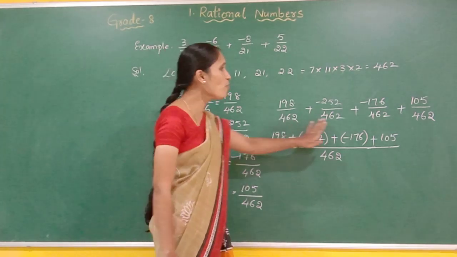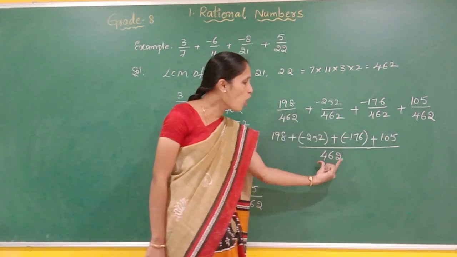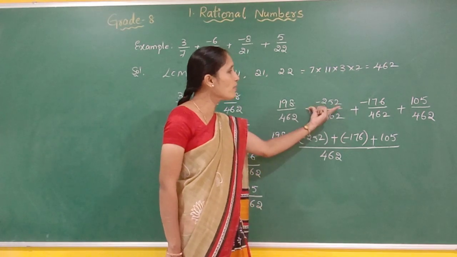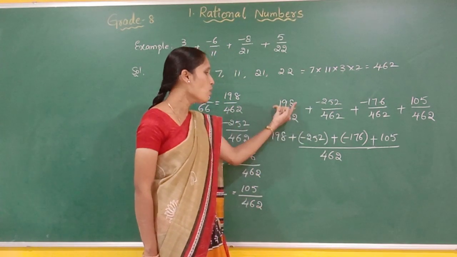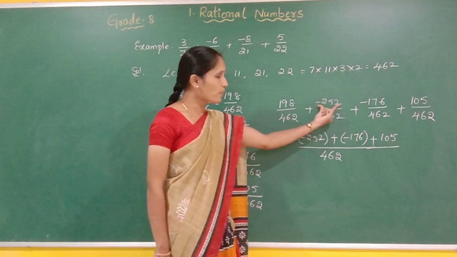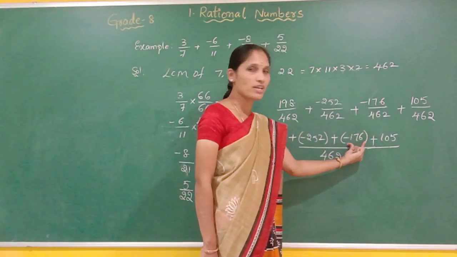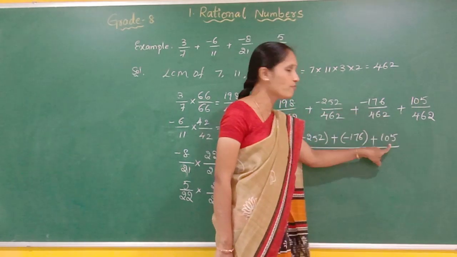If the denominators are equal, we write the common denominator, that is 462, and then we simplify only the numerators. Numerators are 198 plus of minus 252 plus of minus 176 plus of 105.